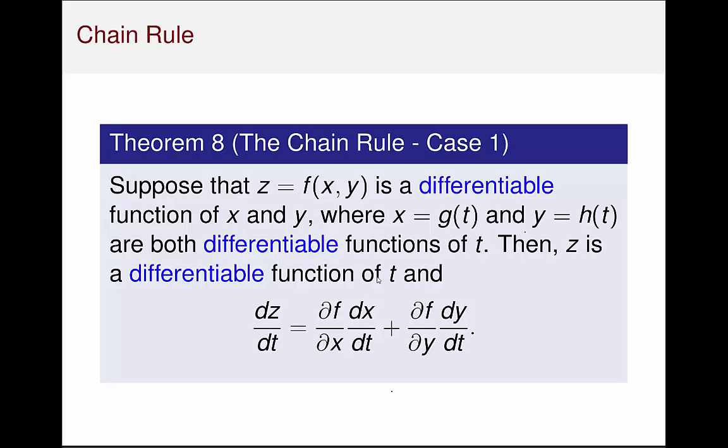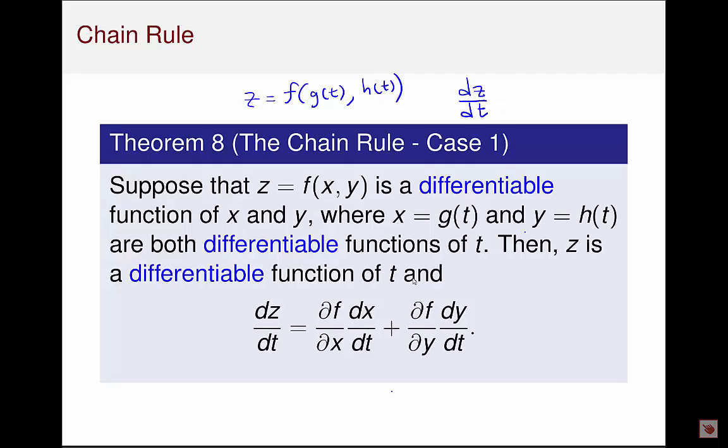Then z is a differentiable function of t by means of composition, since we can write z equals f of g of t, comma h of t. So z is implicitly a single variable function of t. Therefore, it makes sense to talk about the derivative of z with respect to t.